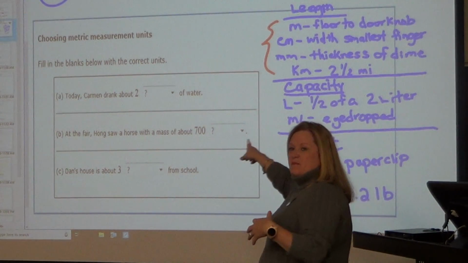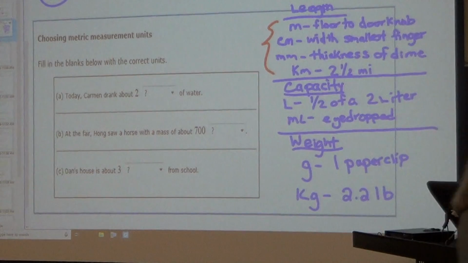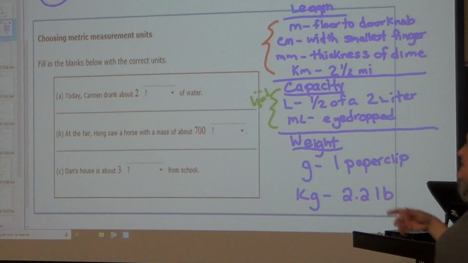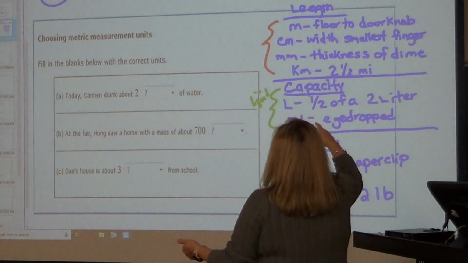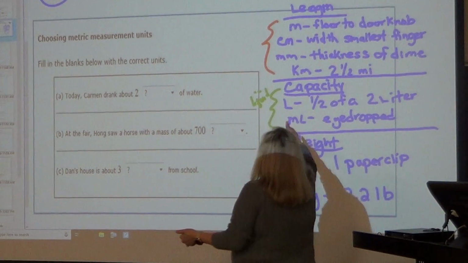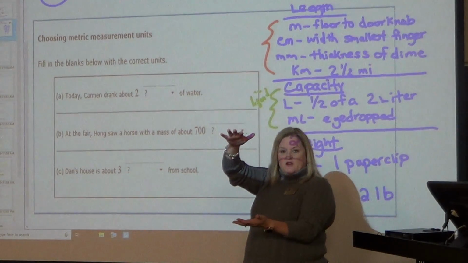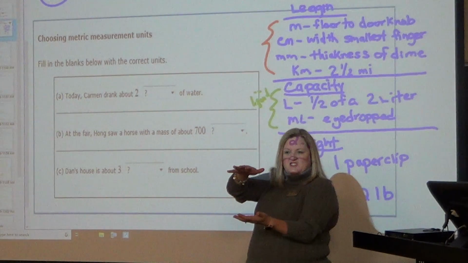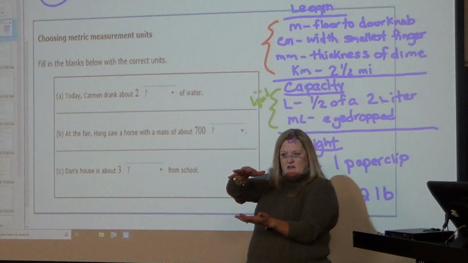Capacity. Capacity is going to be your liquid. How much something holds liquid-wise. Before, when we were doing liquid, we did cups and gallons and quarts and ounces. Now we're talking about liters and milliliters. A liter of Pepsi, we know what a 2 liter of Pepsi looks like, and I think at gas stations now they even sell a liter of Pepsi.